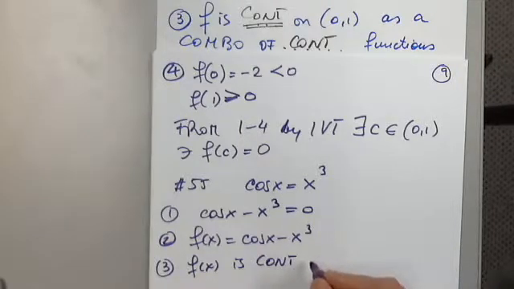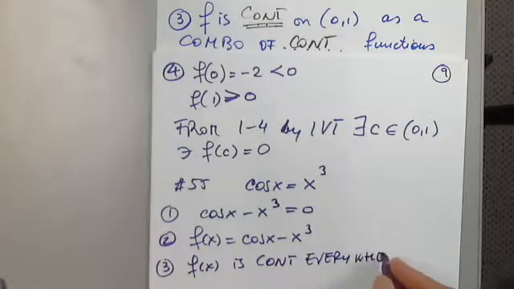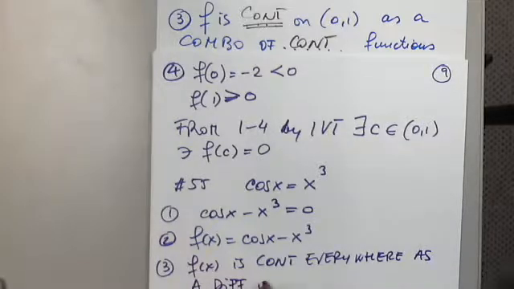F of x is continuous everywhere, as a difference, now you don't have to say a combo because there is a simple difference, as a difference of what? Continuous functions, right? I have to explain that.